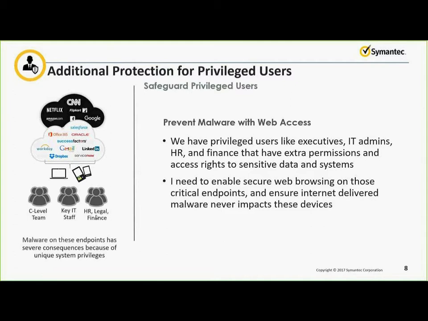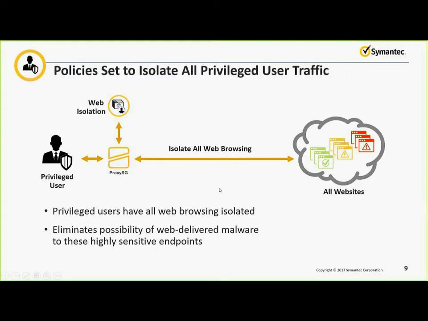Whereas if we used isolation, then we can just stick with a single device for the HR staff, and we can isolate their traffic. So there's lots of different use cases in that scenario, but this is extra protection for privileged users. And that's how that would look. The privileged users would talk normally to the proxy system in the infrastructure, and then we've got that trigger that says, well, actually, we need to isolate this traffic for these users.